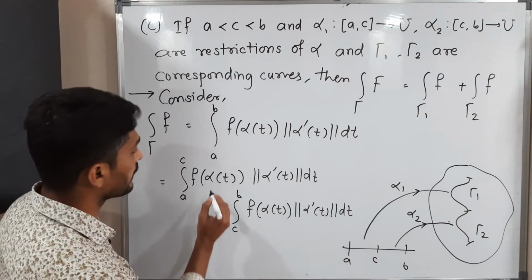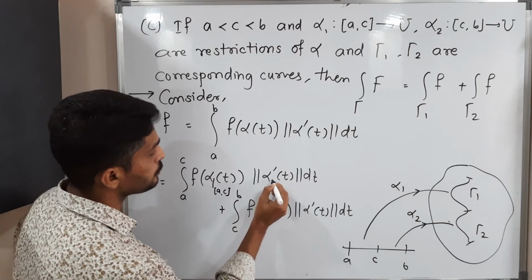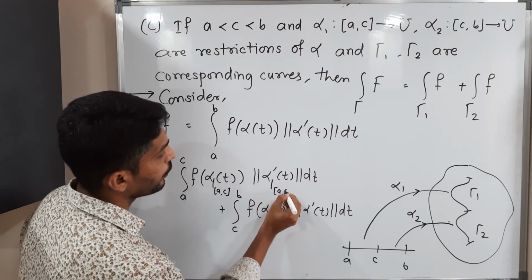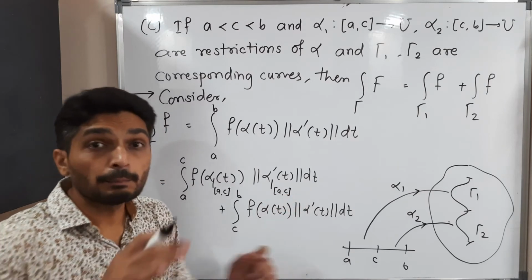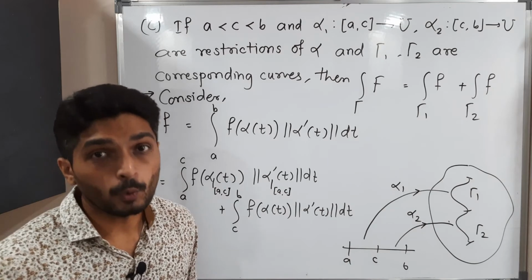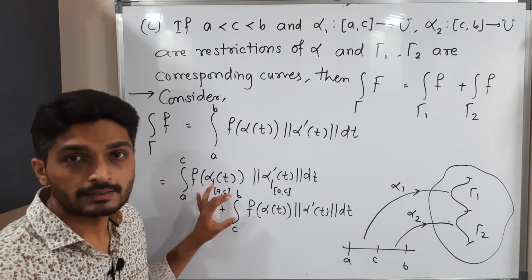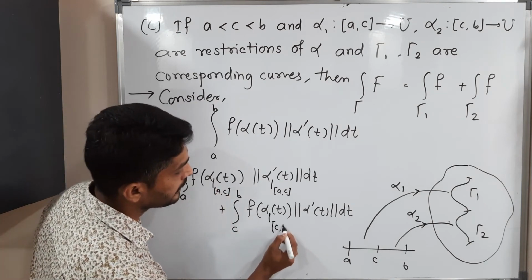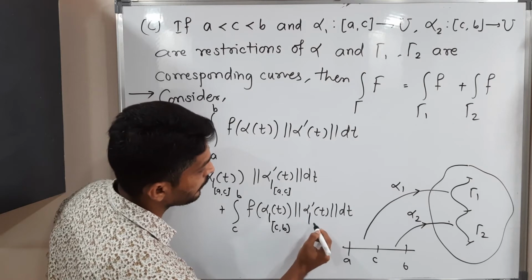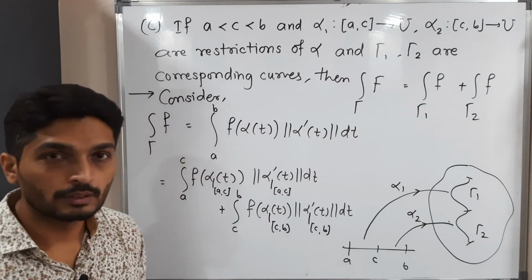So I should write that it is defined only on [a, c]. But for the second integral, alpha is defined only on [c, b], since the limits are c to b. So here also I write alpha is defined only on [c, b]. It's simply a notation.